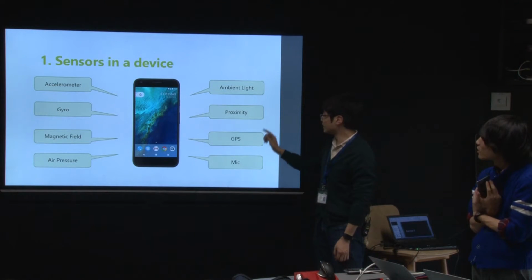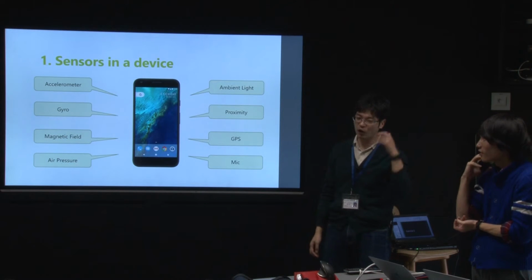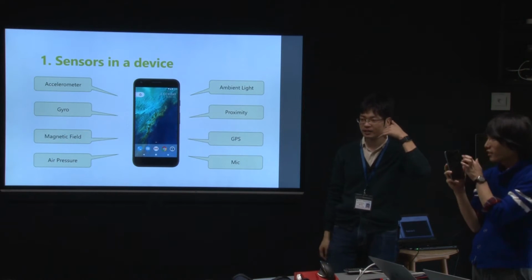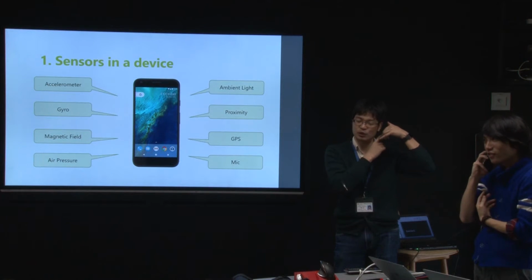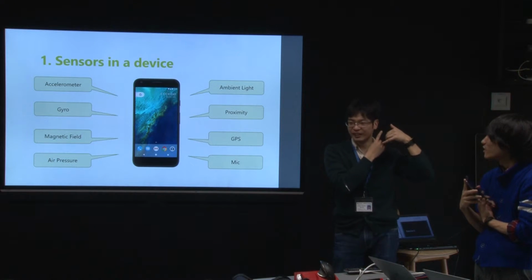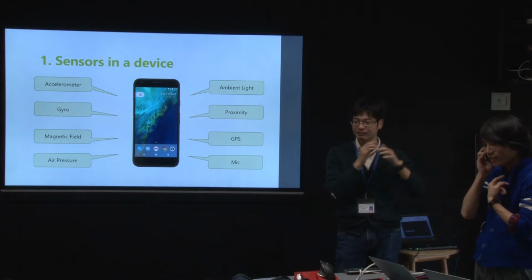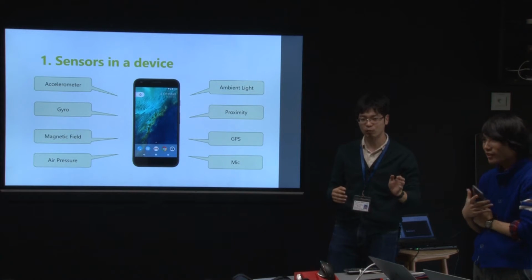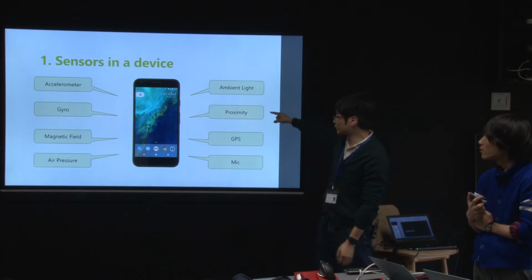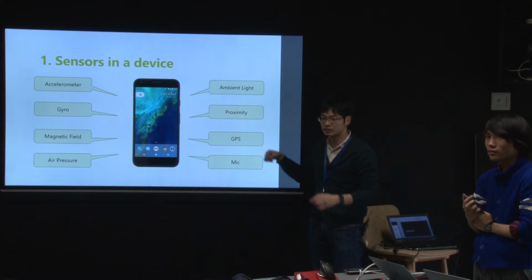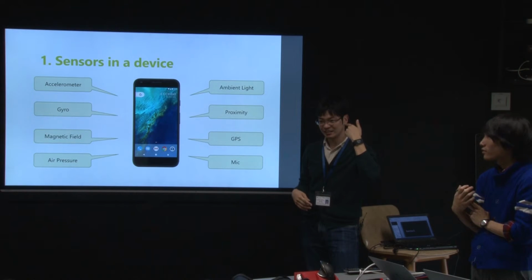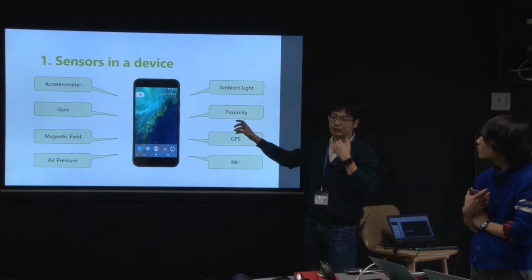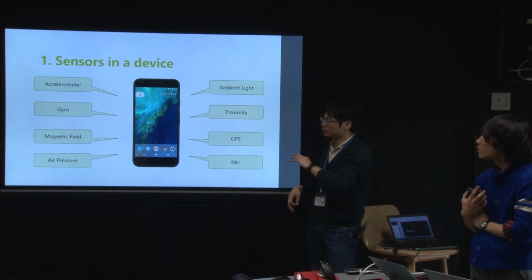And the proximity sensor is used when you call someone. If the screen is on and you are calling someone, maybe your ear will touch the screen, but the screen does not respond during the phone call. This is because of the proximity sensor. It detects that my head is very close to the device and controls the display not to respond to touch.